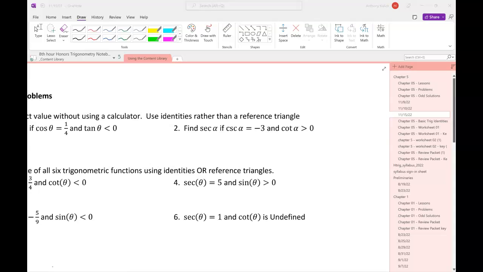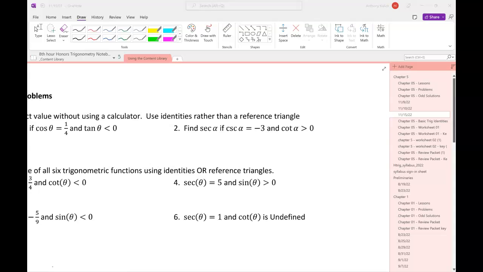Just find what I'm looking for real quick here. So it says here for number 2, find secant alpha if cosecant alpha equals -3 and cotangent alpha is positive.